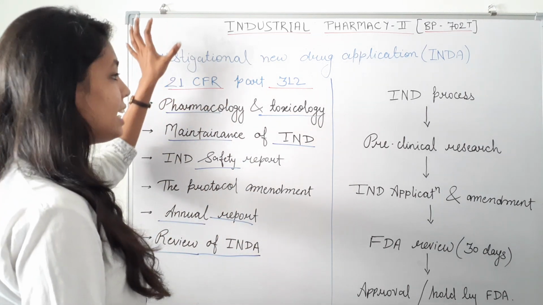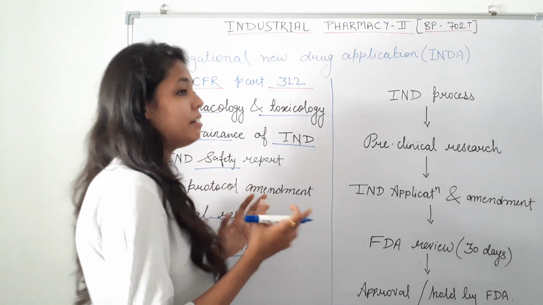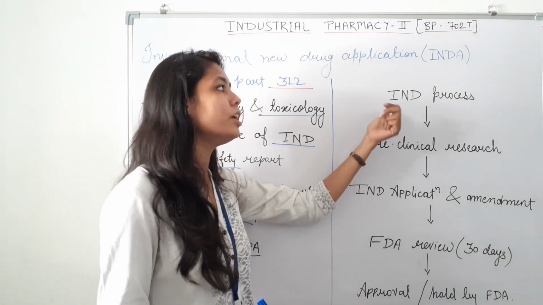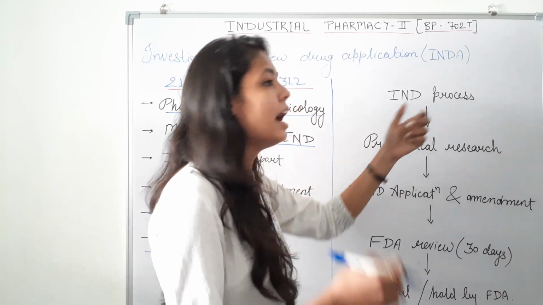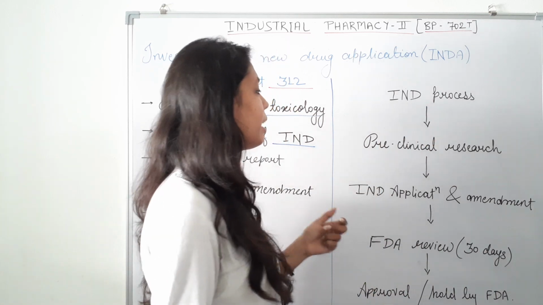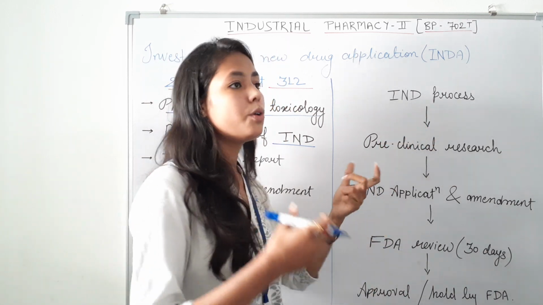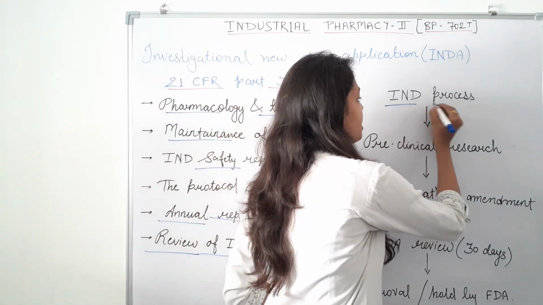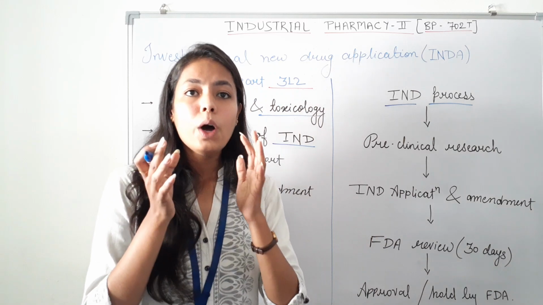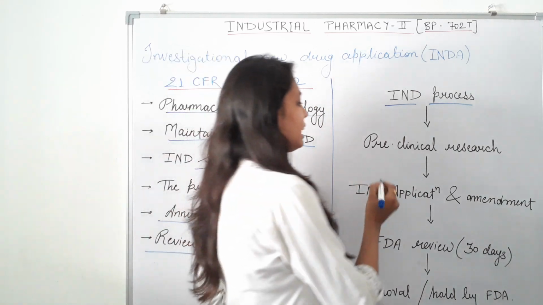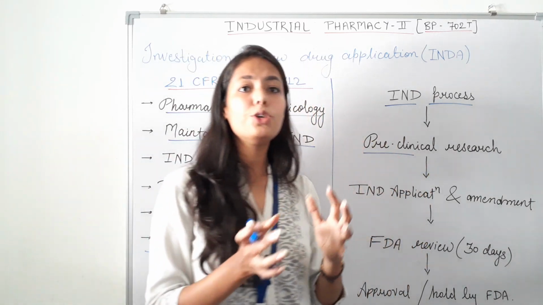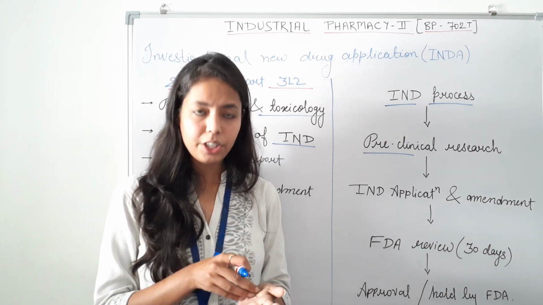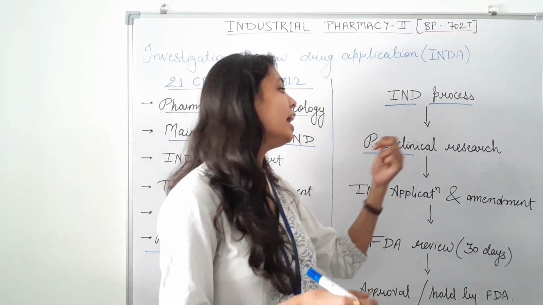After this, let's recap the investigational new drug process. Before filing the investigational new drug application, you have already performed the preclinical research in which you have proved the safety of the particular compound in the animal study.